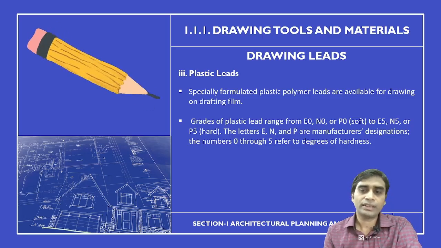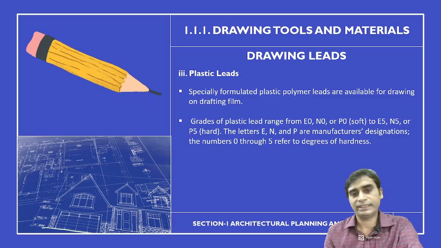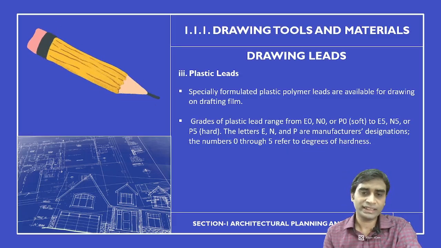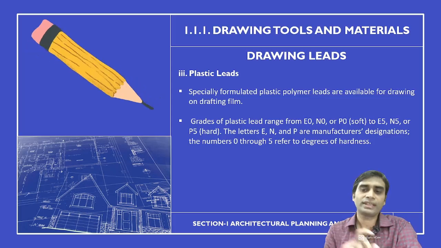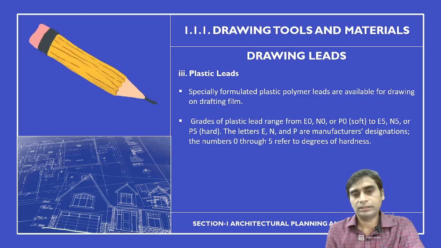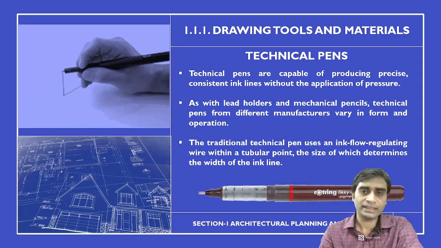E0, N0, and P0 are soft, and E5, N5, and P5 are hard pencils. Here E, N and P are the manufacturer designations, but you have to remember that 0 means soft and 5 means hard. The hardness numbers range from 0 to 32.